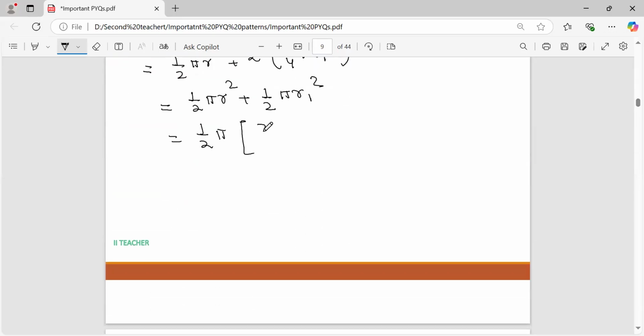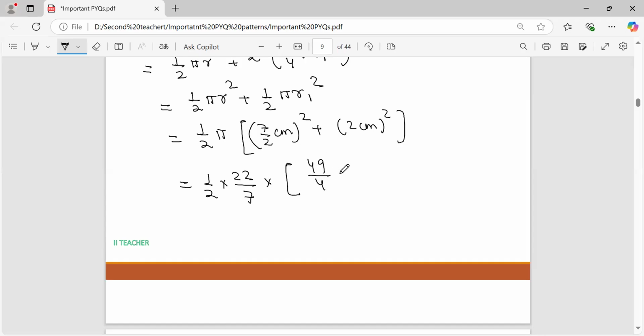So 7 by 2 centimeter square, and r1 is 2, that is 2 centimeter square. So half and pi is 22 by 7 into 49 by 4 plus 4.